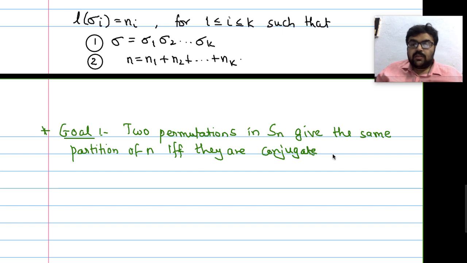Remember, being conjugate is an equivalence relation. So if A is a conjugate of B, then B is a conjugate of A. So if and only if they are conjugate of each other.